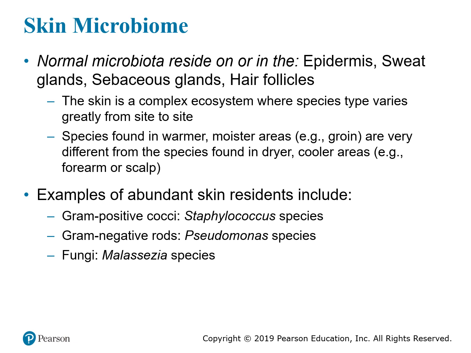And within those normal flora on the skin, some of the things that we normally see would be your Staphylococcus species, Pseudomonas, and of course you have a yeast that can reside on the skin, causing a type of fungal infection.